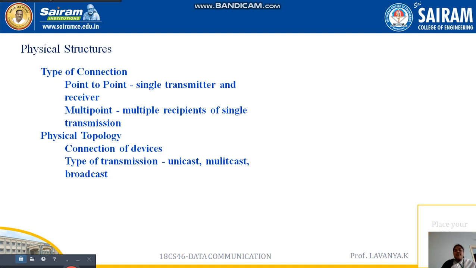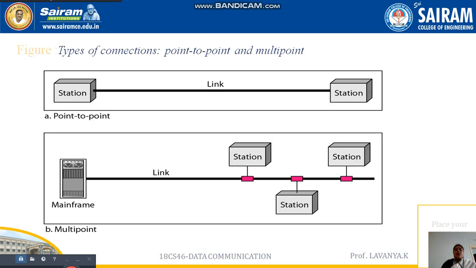Here we discuss point to point connections. In a point to point connection, the connection between two devices is established by a link. With the help of the link, the two devices are connected. Point to point means sending the data from one station to another station.